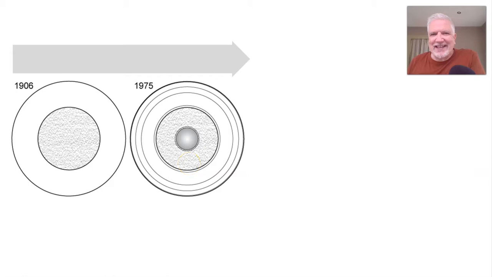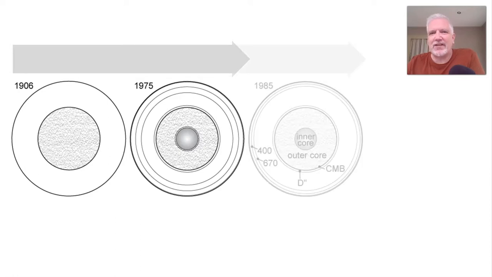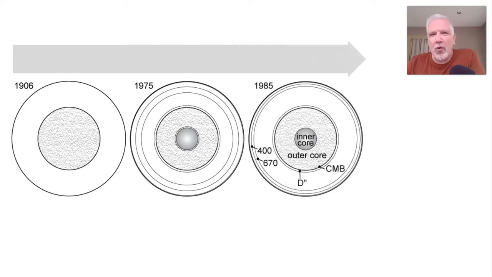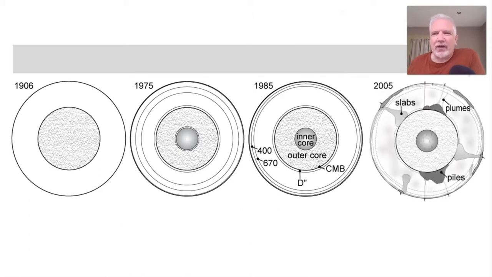So we actually had seen some hints of this even before plate tectonics, the theory, had come together, and that's why we knew in the early part of the 20th century the notion of the core, mantle and crust. But during the 20th century, especially the second half, as we started to get more and more data from our seismometers, we started to be able to get more and more detail of what lies beneath.